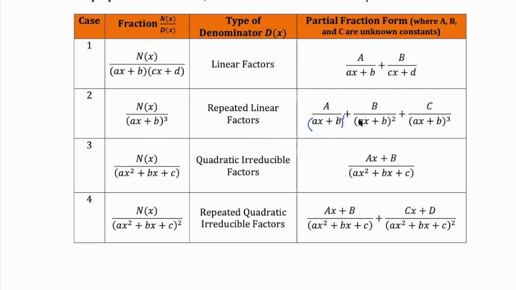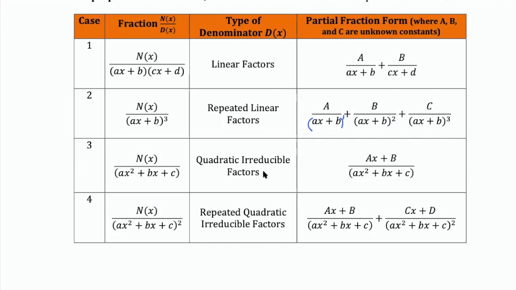And then you make another fraction where you do ax plus b, but to the second power. And then you do ax plus b to the third power. And again, you keep constants in the numerator. So when you have linear factors of either type, the numerators of your partial fractions will be constants.